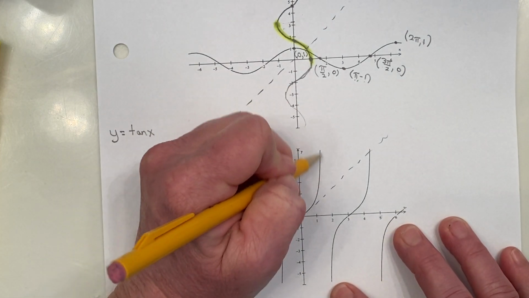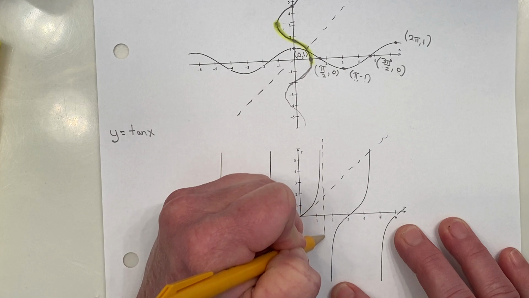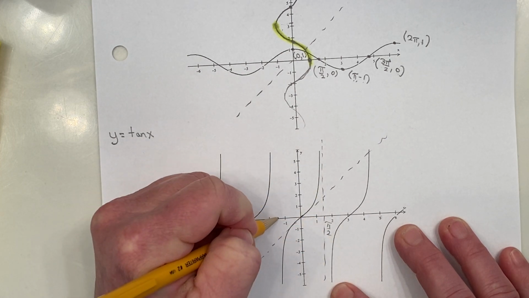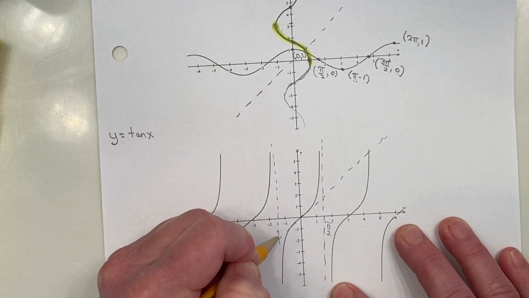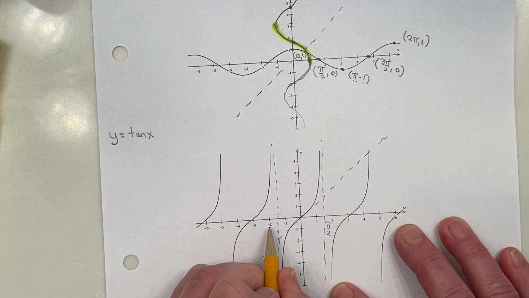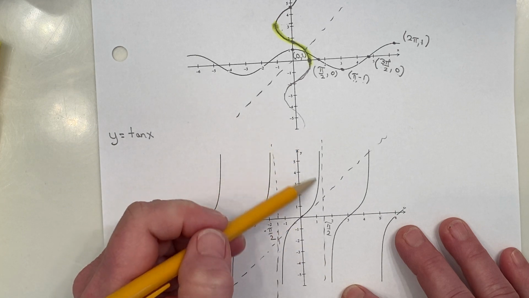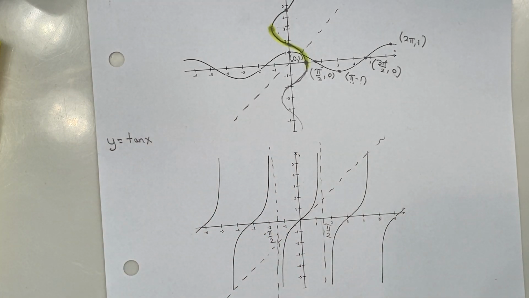Well, we do remember that for tangent, we have a vertical asymptote at pi over 2, and another vertical asymptote for this part of the tangent graph at y equals -pi over 2. Well, these vertical asymptotes become horizontal asymptotes when we reflect the graph across y equals x.